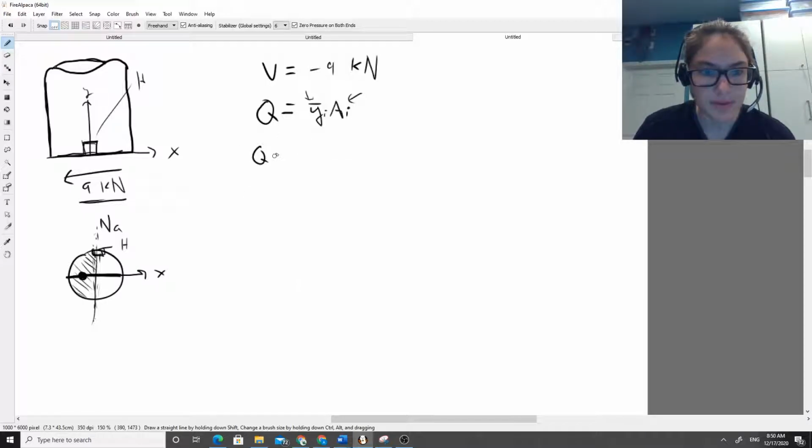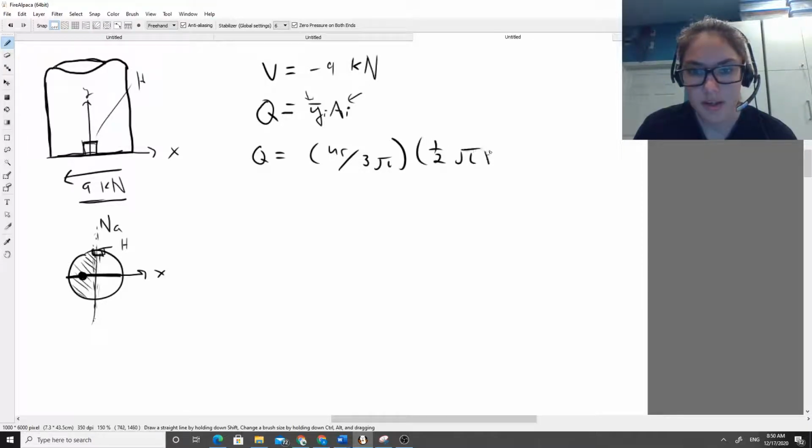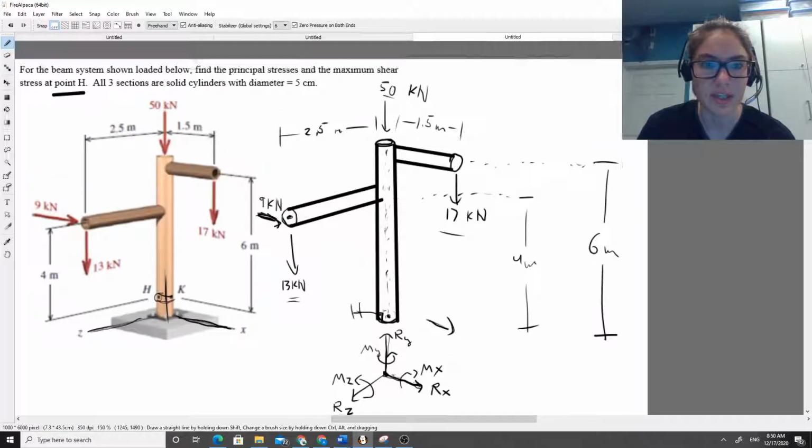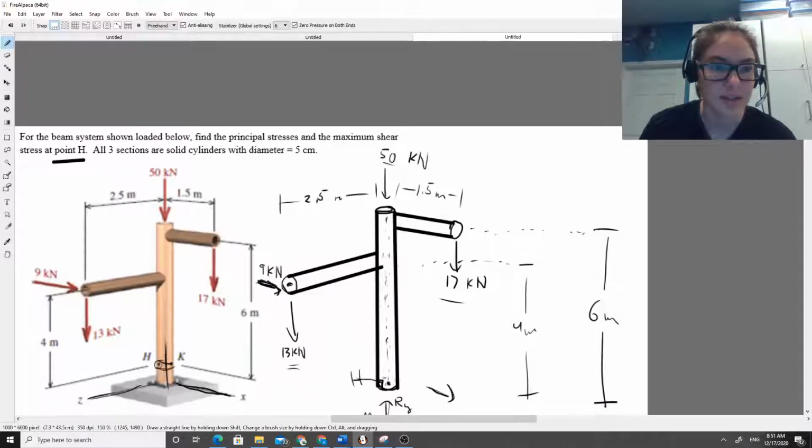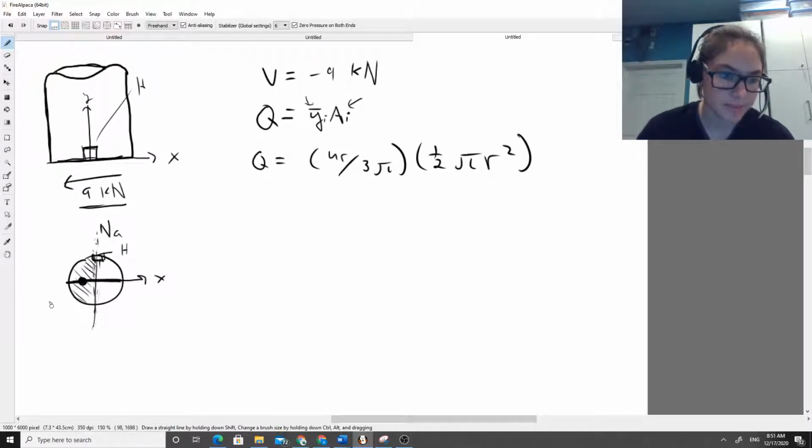So Q can be rewritten as 4r divided by 3 pi multiplied by 1/2 pi r squared. And what's r? Well, we are given the diameter of the cylinder in the beginning problem statement. Since the diameter is 5 centimeters, as in 0.05 meters, the radius is just going to be 0.025.